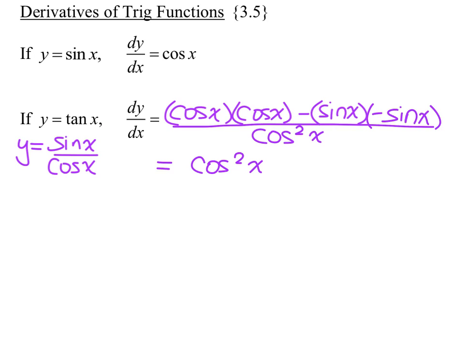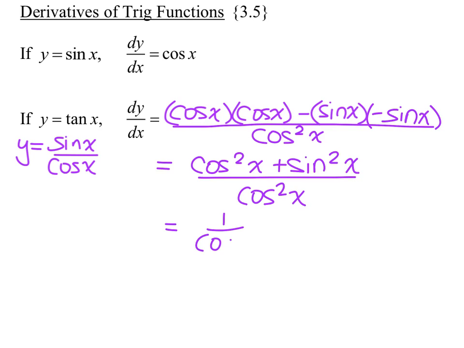Cosine squared x plus sine squared x is 1, exactly. 1 over cosine squared x is equal to secant squared x. All right, so a little nicer.